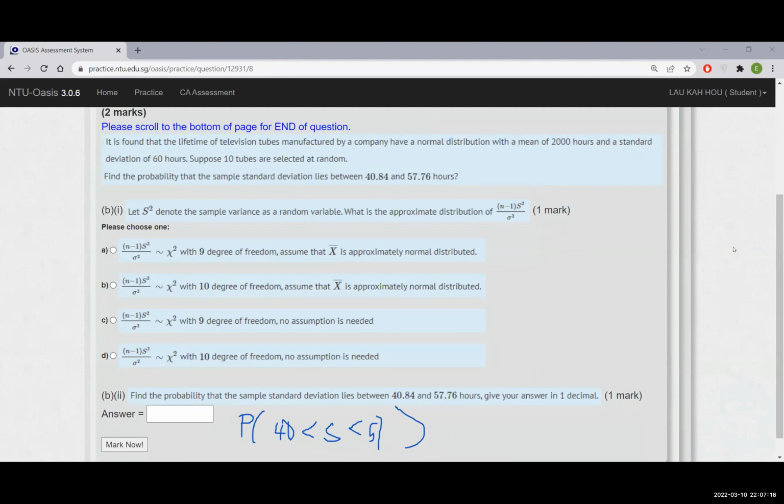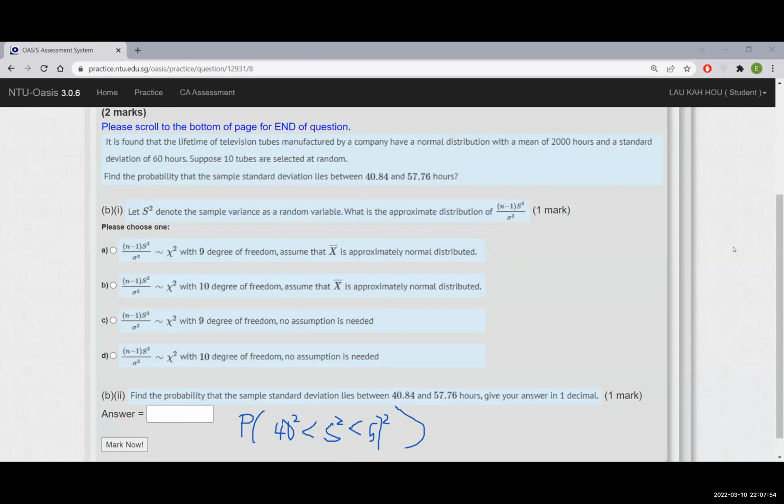You cannot do that with S directly. So what you do is you square. Your X is normal, you can see that your X is normal. So that means (n minus 1) S square over sigma square is chi-square.